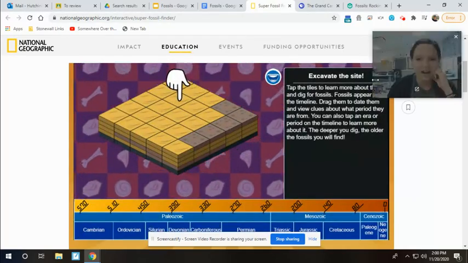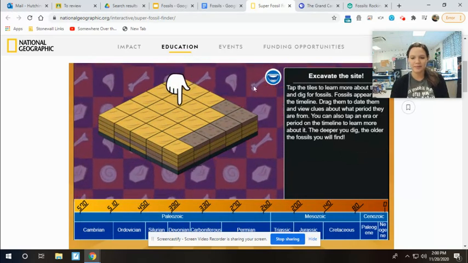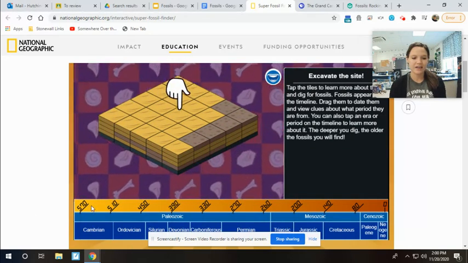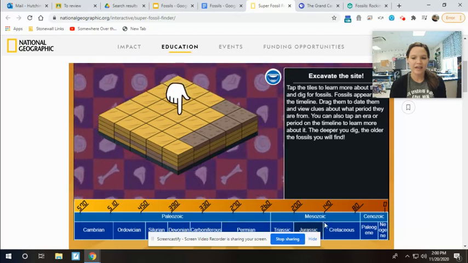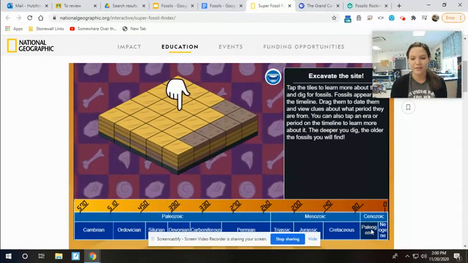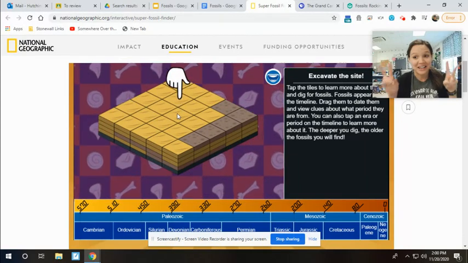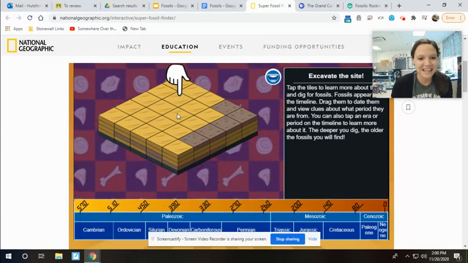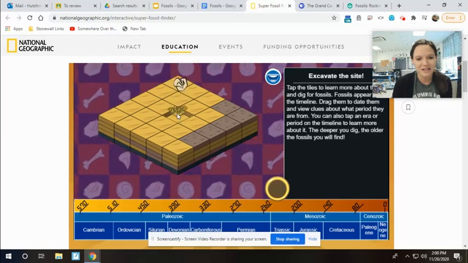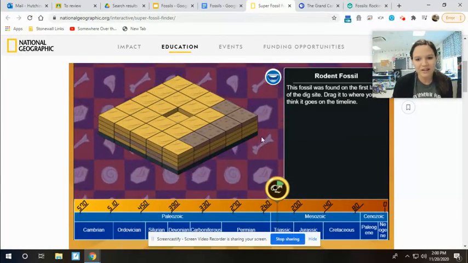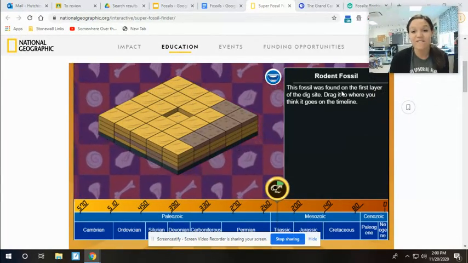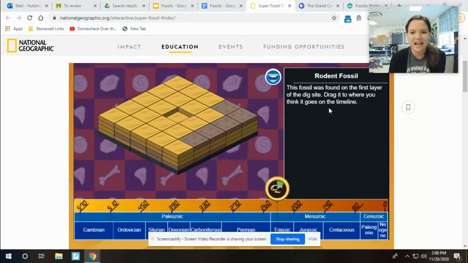All right, so I would make sure you are reading over here to the side, and then you're looking here at the fossil record, the different periods in time, and then you get to click. And when you click, you actually get to dig into the fossils. So you'll get a fossil, and it'll say, this was found in the first layer of the dig site.